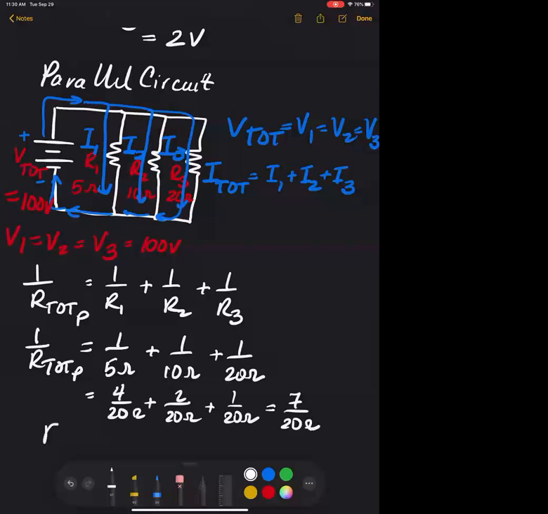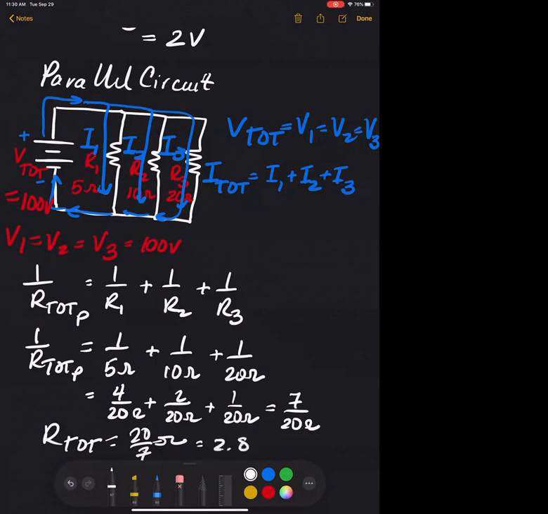So our total is going to be 20 divided by 7, which is not quite 3 ohms. Okay, so we can work that out if we really feel like we need to and figure out what that is. Let's see, 20 divided by 7 is 2.85 or 2.86.